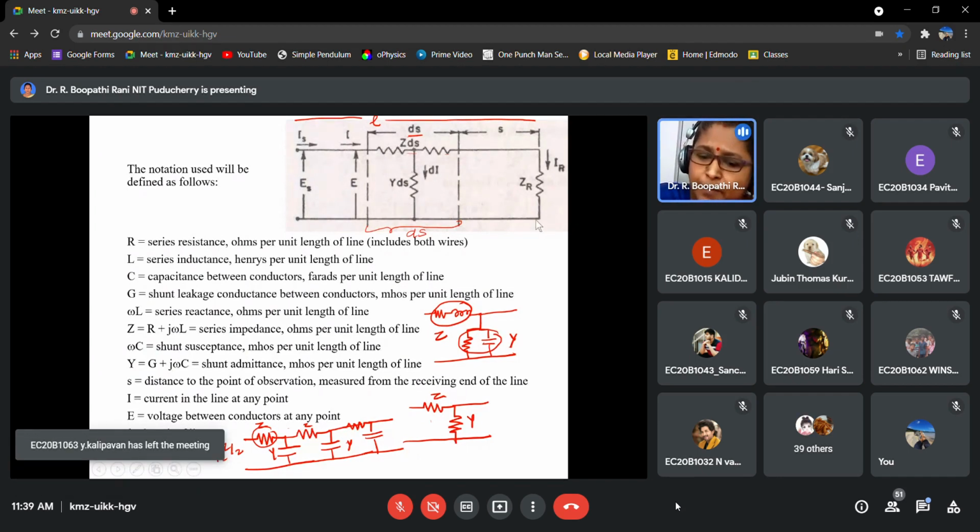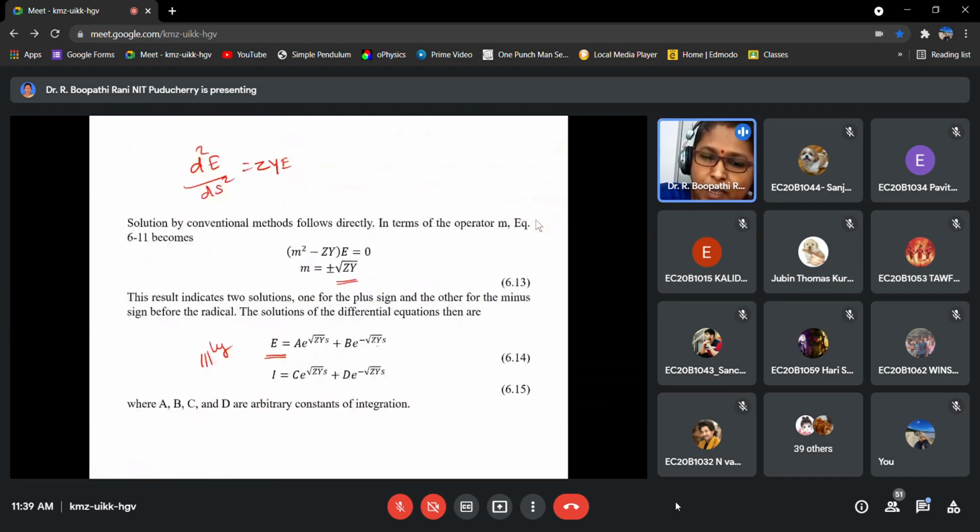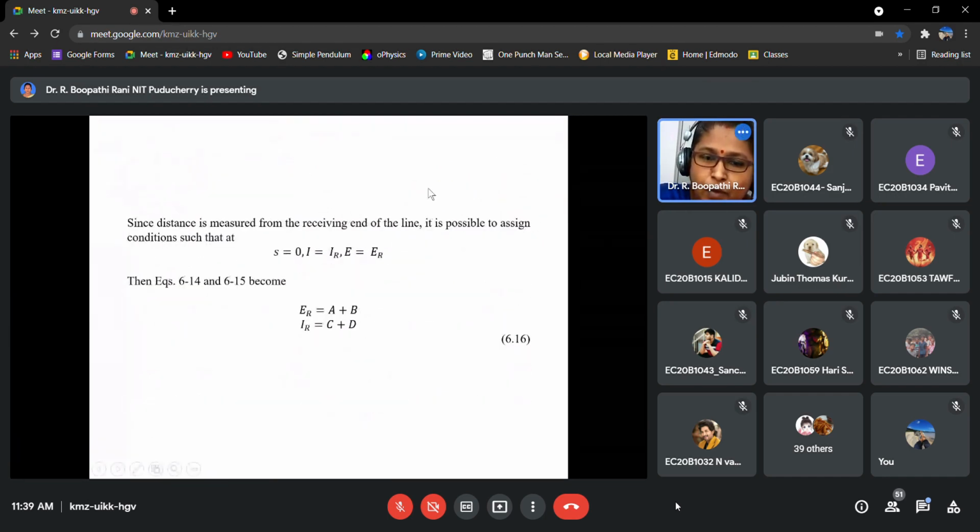If S is 0, we can assume that it is considered at the receiving end. So that time we can equate the current and voltage to ER, IR. Because at the receiving end point we have given notation that the load current is IR, the load voltage is ER.